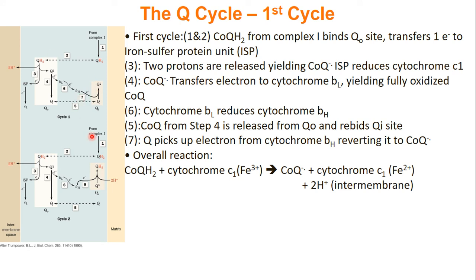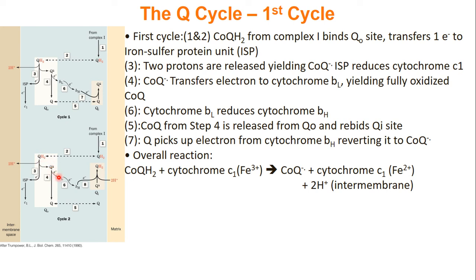Our second cycle is very similar in that we have a separate second molecule of coenzyme Q with 2 hydrogens binding at the QO site. Same thing happens as before. We give 1 electron to our iron sulfur protein unit, which can give an electron to cytochrome C, and we pump 2 hydrogens out. We have a Q that has 1 electron now.